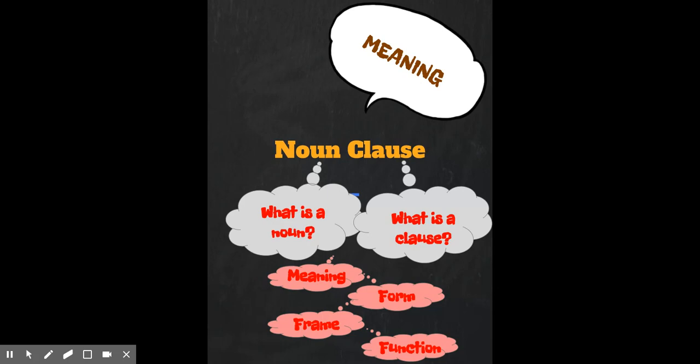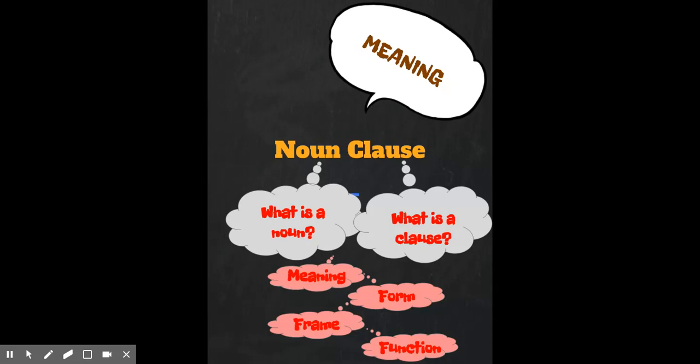So nouns can be the subject of the sentence, so that core part of the sentence, or they can be objects, such as indirect objects, direct objects. They can be complements, such as predicate nominatives, that's following a linking verb. They can be objects of the prepositions.